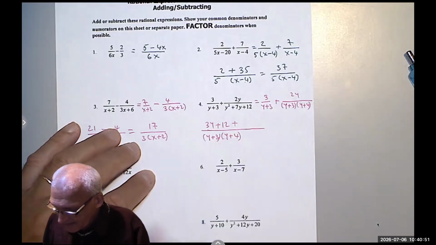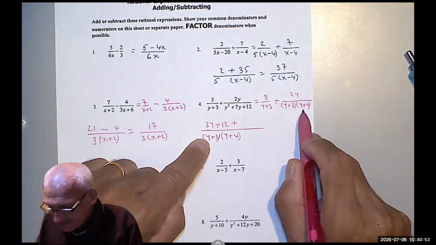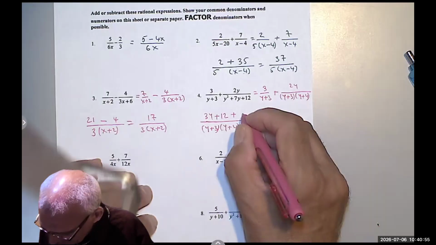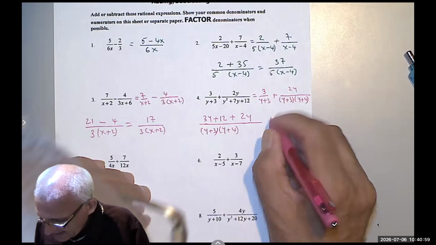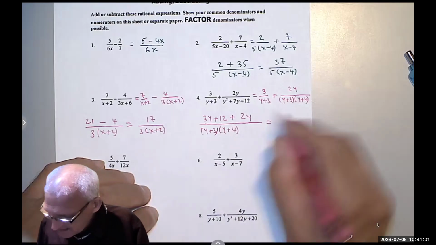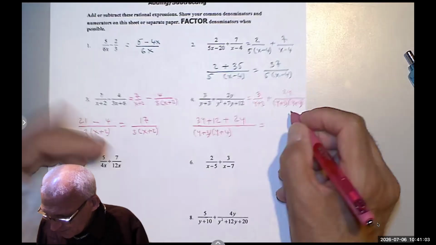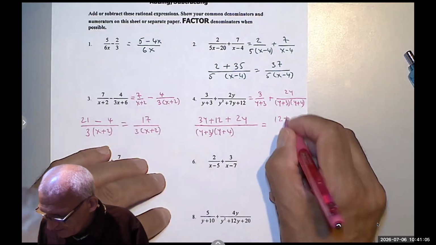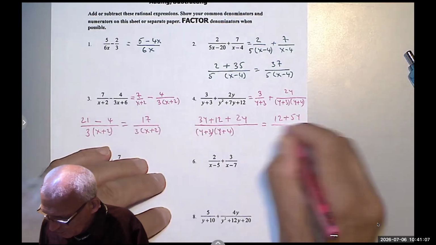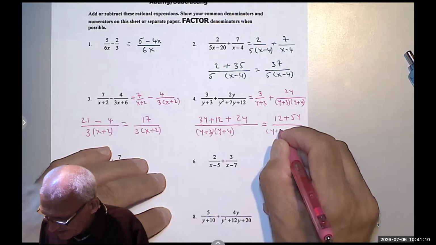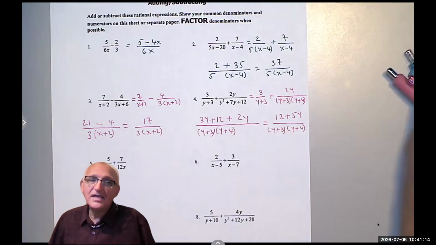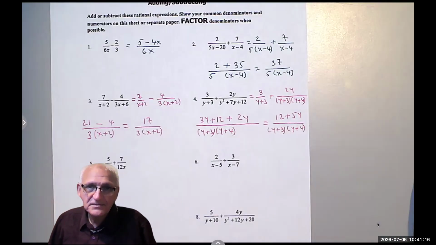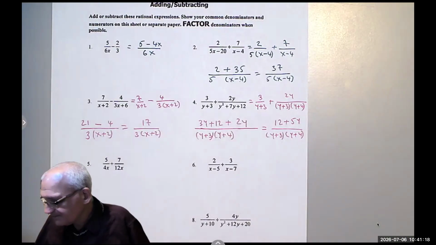Plus, this over that is just 1, so I have to add up 2y. So at the end of the day, I get 12 plus 5y or 5y plus 12, it doesn't matter, over y plus 3 times y plus 4. And that's it. You cannot simplify it anymore.